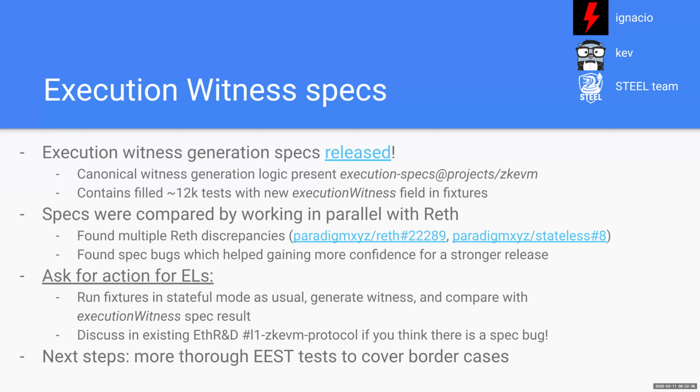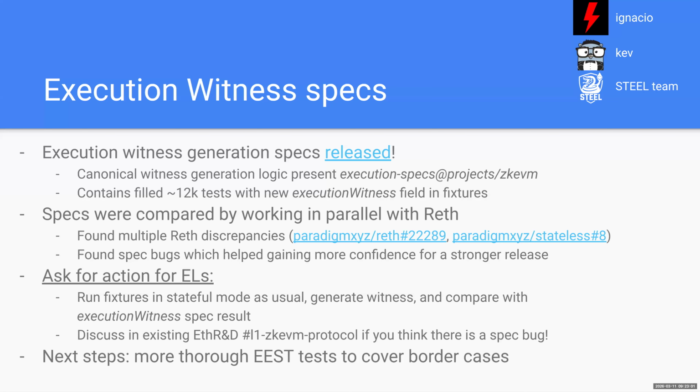fixture with Amsterdam. So before making the formal release, and to gain more confidence that it was doing what we wanted, we compared it with Reth, which also has execution witness generation. I already knew that Reth has multiple inefficiencies, so it was a good experiment to compare both.